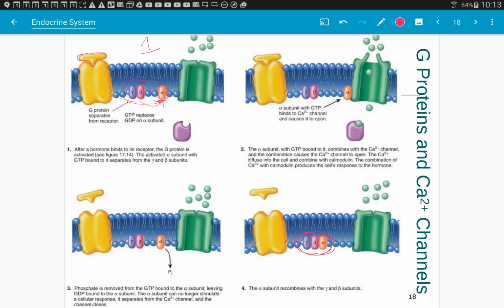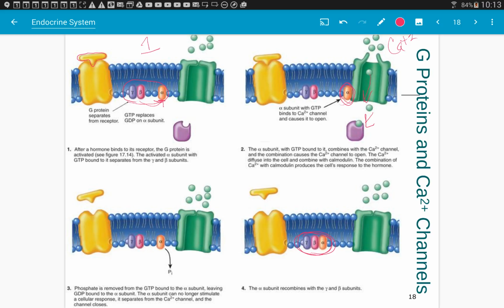And so then the next step, this alpha subunit gets nice and cozy with a calcium channel. So these are calcium ions. Okay, so when that alpha subunit binds, gets cozy with that calcium channel, it opens the gates. So the gates open, calcium comes in, and then look at this.